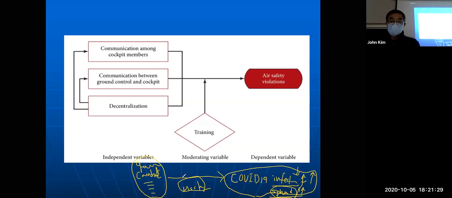So actually the virus and people gathering and more contact, many things affect COVID-19, right? So they are independent variables and then the dependent variable, and then maybe wearing a mask is a moderating variable.